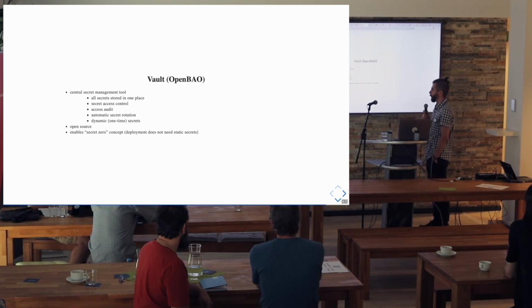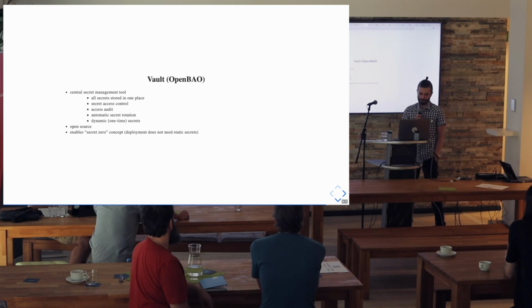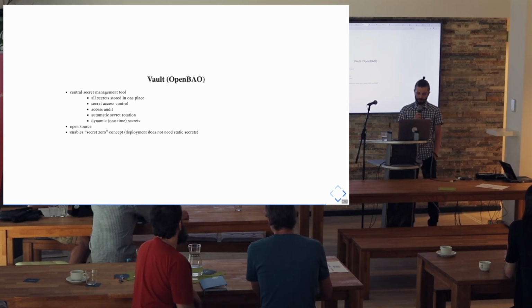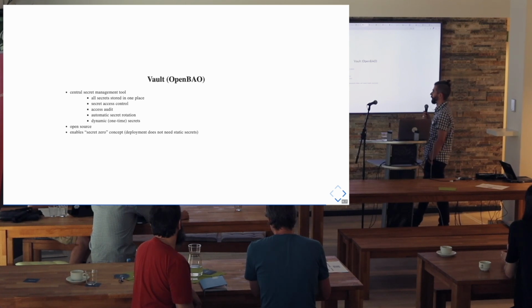So this is where Vault, previously known as HashiCorp Vault, and you can use OpenBAO, and this is also how we do it right now, comes into the game. A few words: this is a central secret management tool. All secrets are stored in a single place.